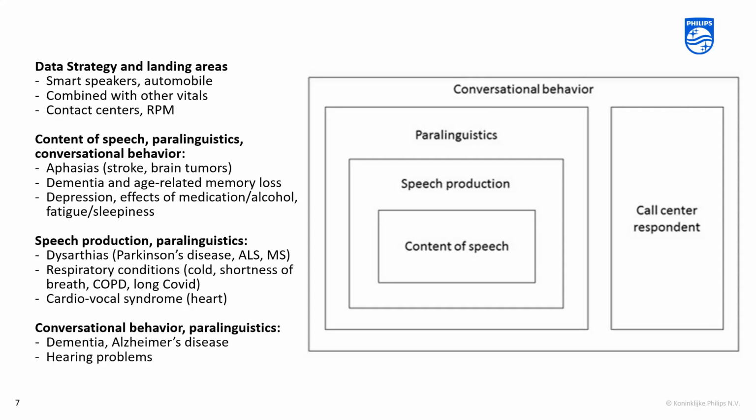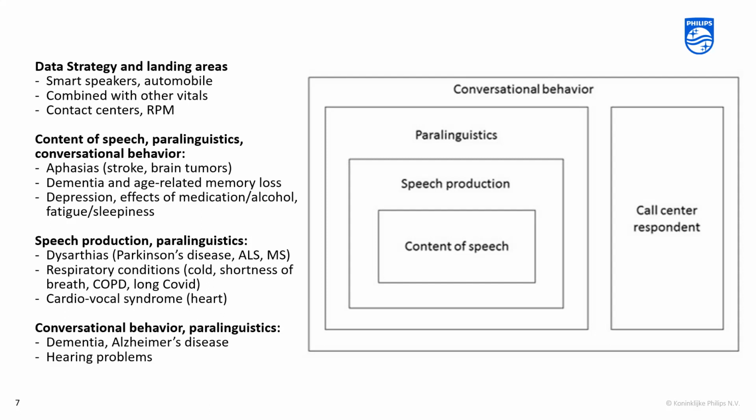We have paralinguistics, which offers links to cognitive and mental conditions of the person. We also have this entire conversational setting. What is the behavior of the person in the conversation? What is your turn-taking behavior, for example? That can tell about your cognitive capabilities, your mental state, many things.